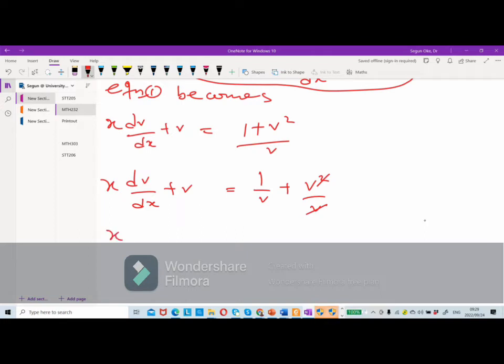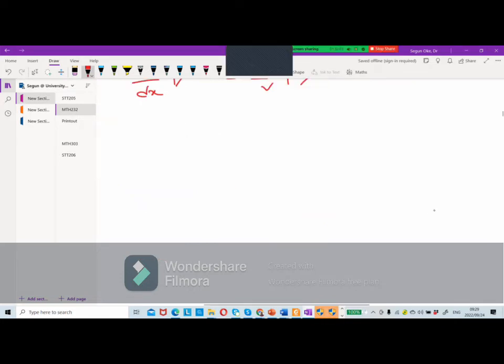So I have x dv/dx plus v equals 1 over v plus v. You agree with me that if this one crosses to this side, it will cancel. So this one goes with this. So what do we have now? We are left with, yes, Pascal.